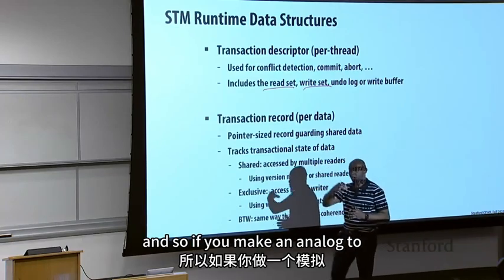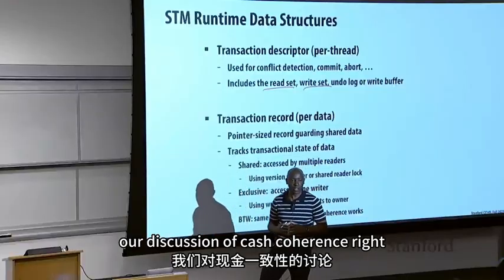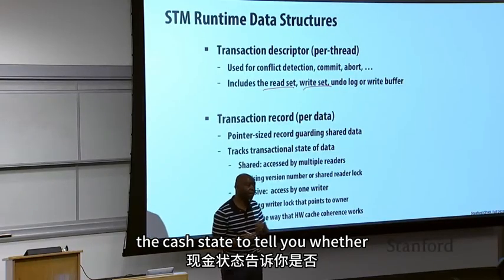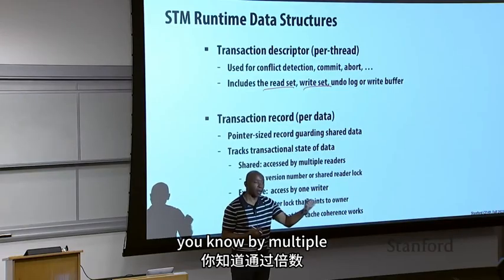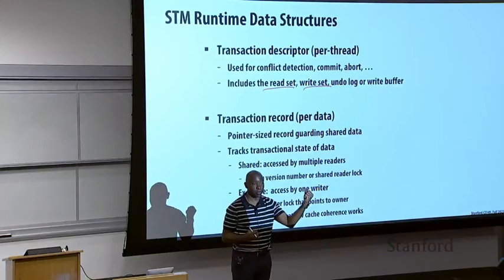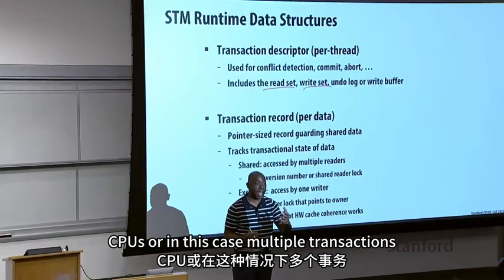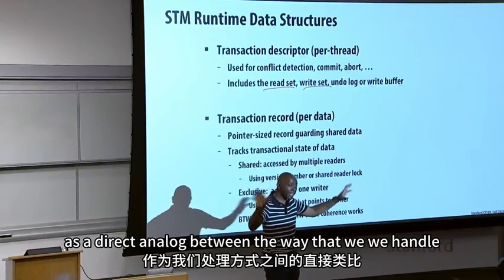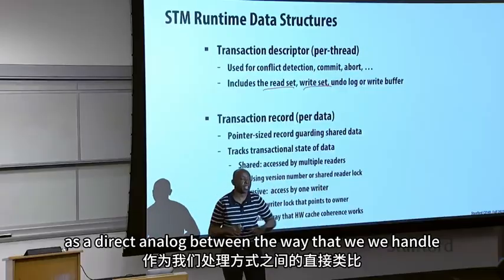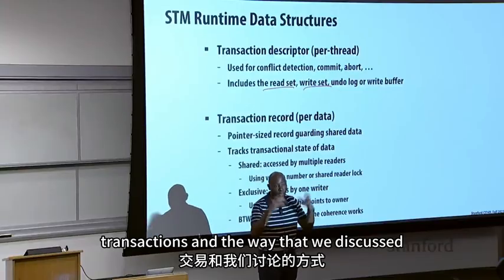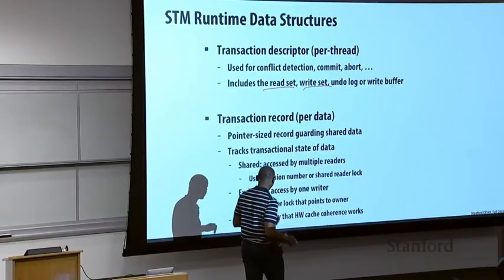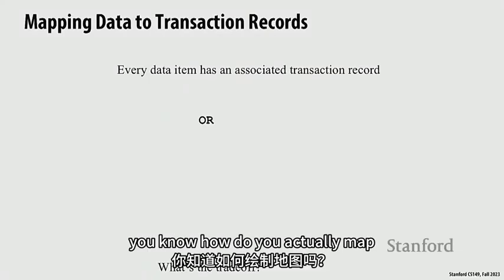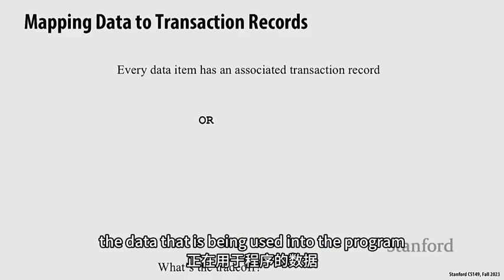If you make an analogy to our discussion of cache coherence, where we said you needed the cache state to tell you whether the data was shared by multiple CPUs, or in this case multiple transactions, or whether it was exclusive to one transaction, there's a direct analogy between the way we handle transactions and the way we discussed doing cache coherency.